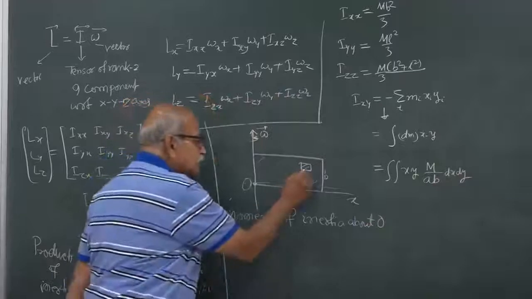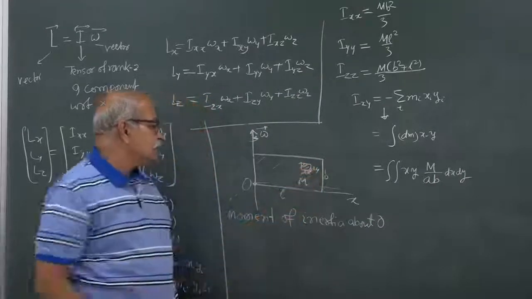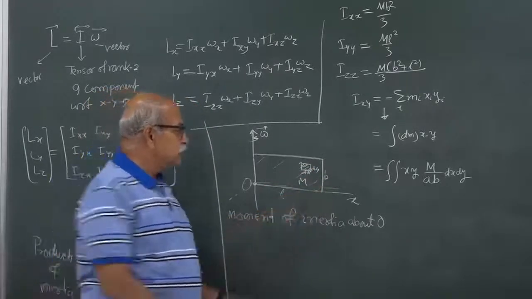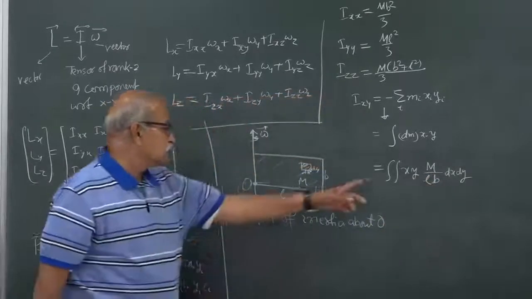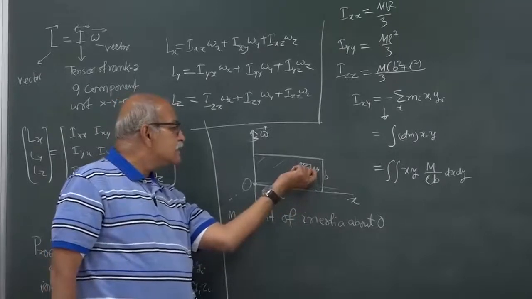This is dx, and this is dy, and this area is dx into dy, total mass is m, total area is b into L. So, this is mass per unit area, and then area here is dx dy.